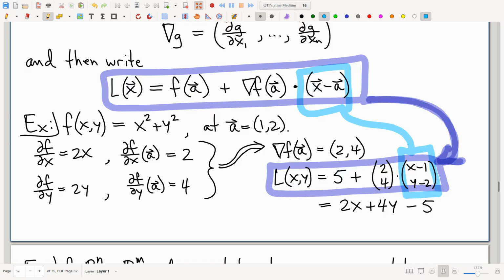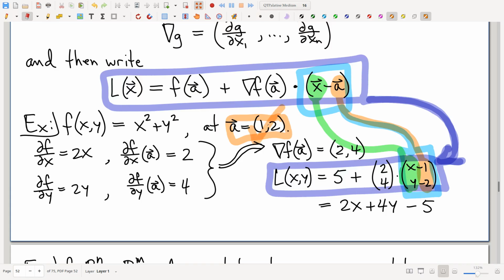Nothing to worry about. But the position, x comma y, is what this x vector represents. And then I subtract a. Actually, let me color code this. The x vector is x comma y, and a is 1 comma 2, as previously noted.